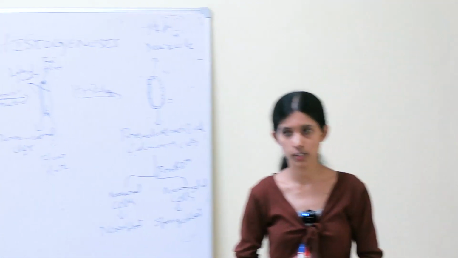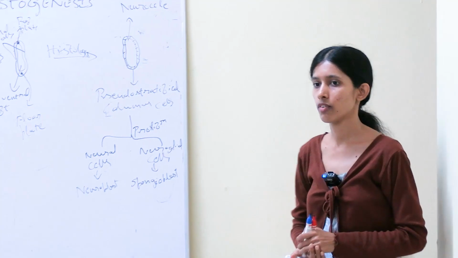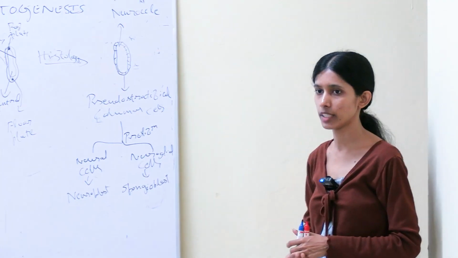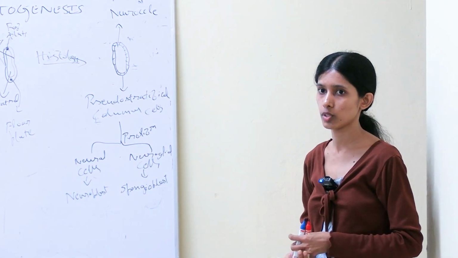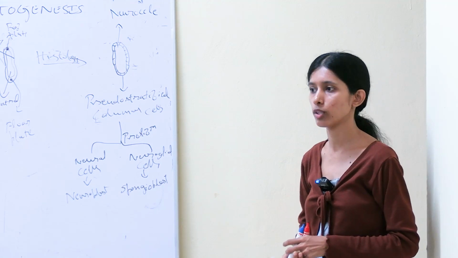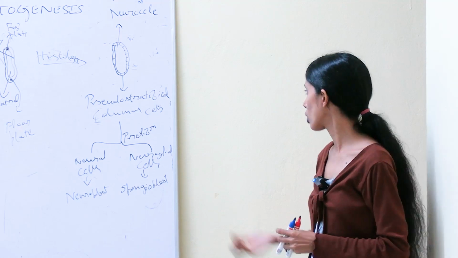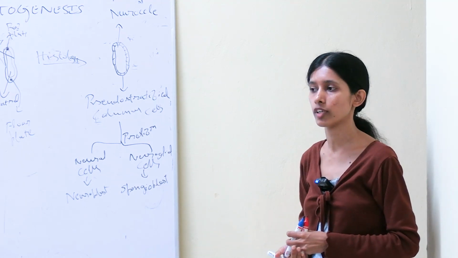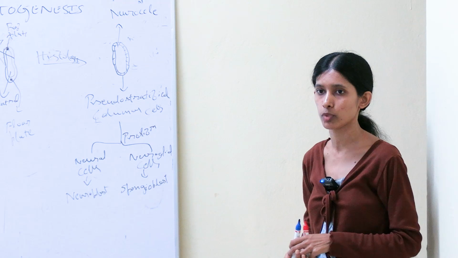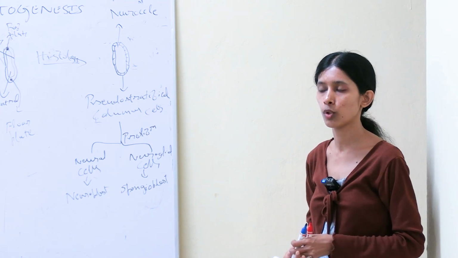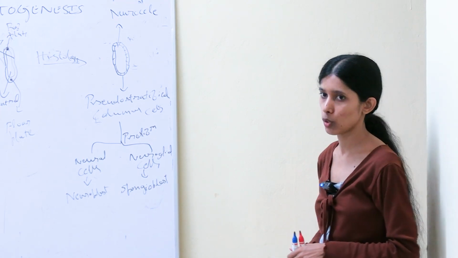So when we take the section and study the histology, we can see a cavity called the neurocele, lined by pseudostratified columnar cells, and these columnar cells will undergo proliferation to give us two different types of cells, the neuroblast cells and spongioblast cells.